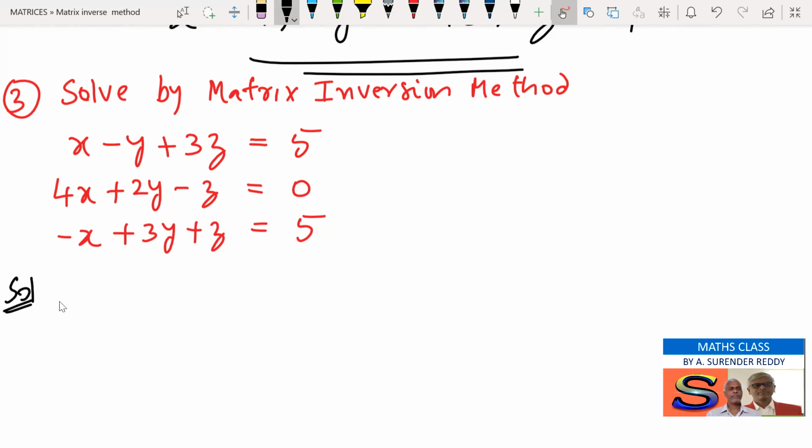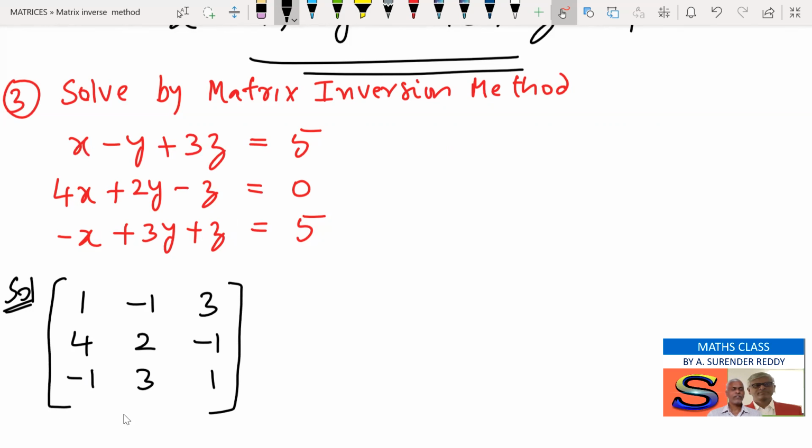In the first step, convert into a matrix equation. The coefficients of x, y, z in the first equation are 1, minus 1, 3. In the second equation, 4, 2, minus 1. Third, minus 1, 3, 1.